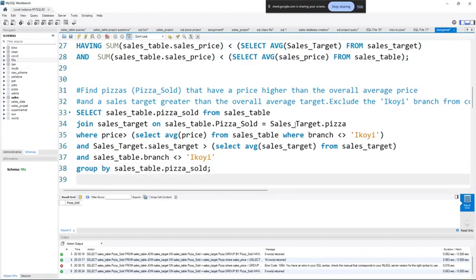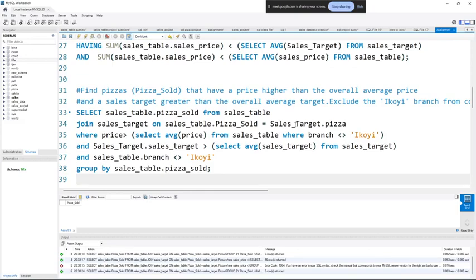So the next question is: find pizza that have a price higher than the overall average price, and a sales target greater than the overall average target.